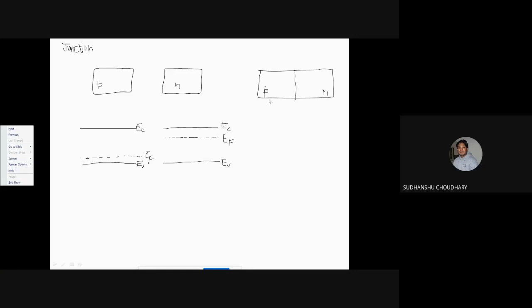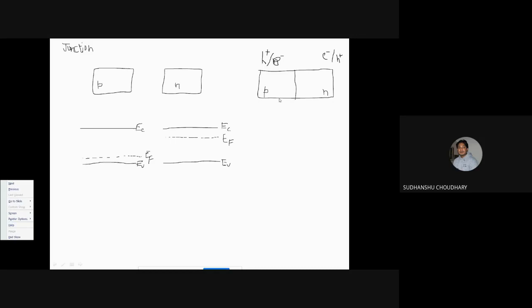Obviously we understand that a p-type semiconductor has majority carriers as holes, and in an n-type semiconductor the majority carriers are electrons, right? So the minority carriers will be holes in an n-type semiconductor. Similarly, in a p-type semiconductor, minority carriers will be electrons. I'll write E here.